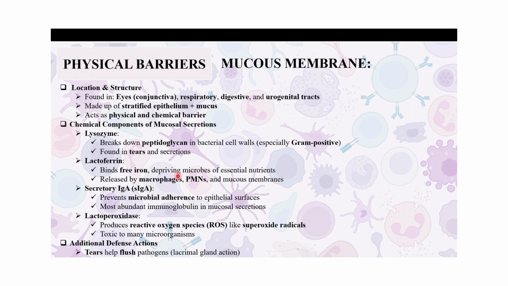Now, the second point is secretory immunoglobulin A. Why am I saying secretory immunoglobulin A? Because if you electrophorese secretory immunoglobulin A, there are going to be four chains that you are going to see: the heavy chain, the light chain, and the J chain. In the case of secretory IgA, it is a dimeric immunoglobulin.